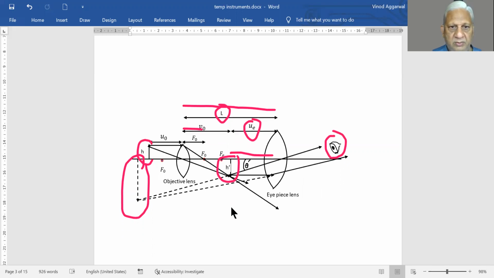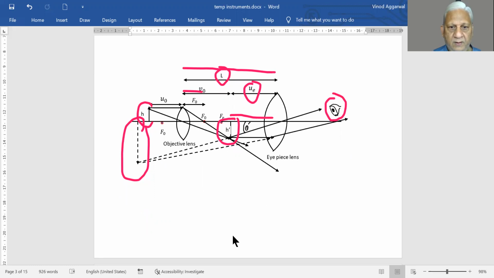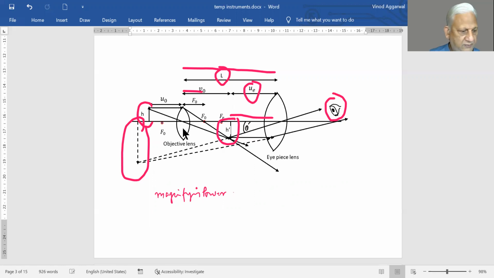So let's see the mathematical treatment. We first calculate the magnifying power, and we know theta naught is equal to h by d.